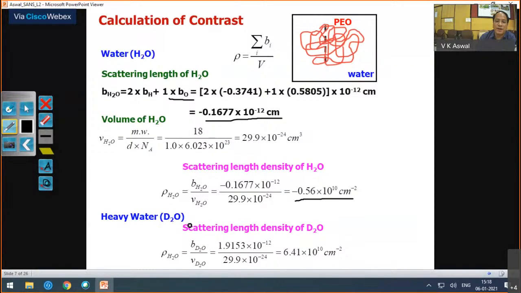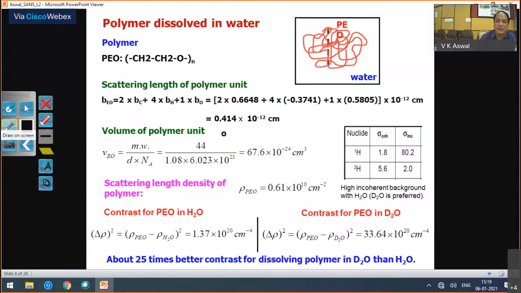And the same thing when you do it for D2O. In this case, the total scattering length for 1 unit comes out to be this, and the volume comes out to be this, and then the scattering length density is this one.